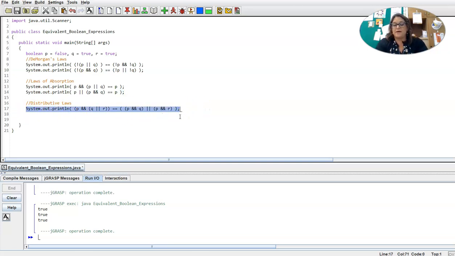Then let's go ahead and copy, paste, and the distributive law works with the or and and reversed. So that would distribute to P or Q and P or R. Okay, and those would be equivalent statements as well.